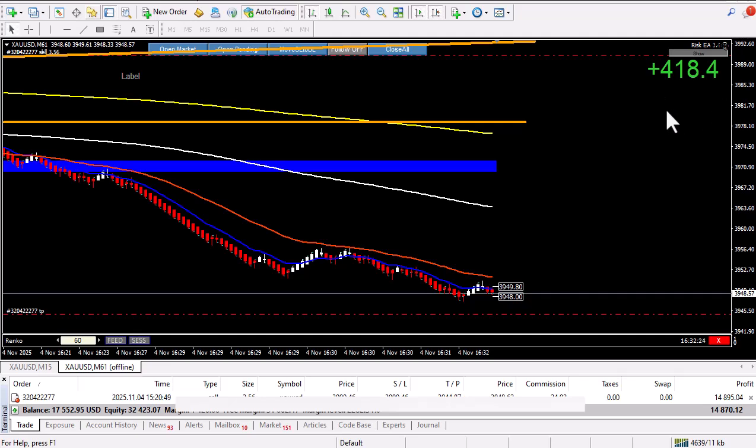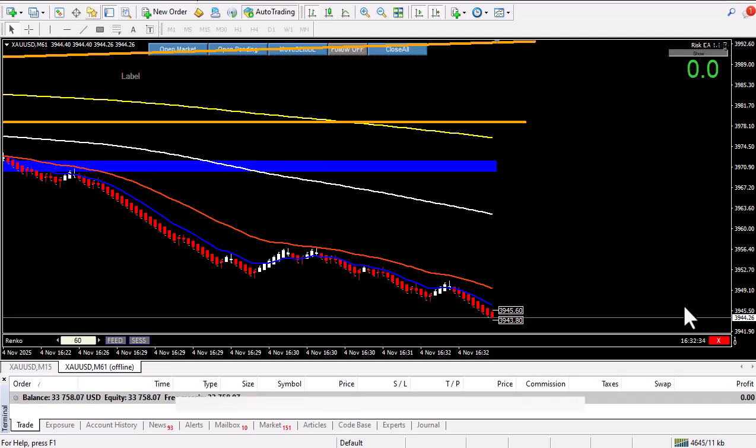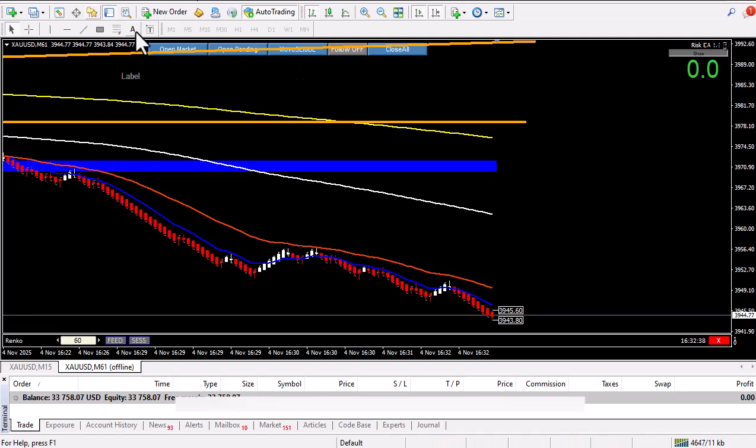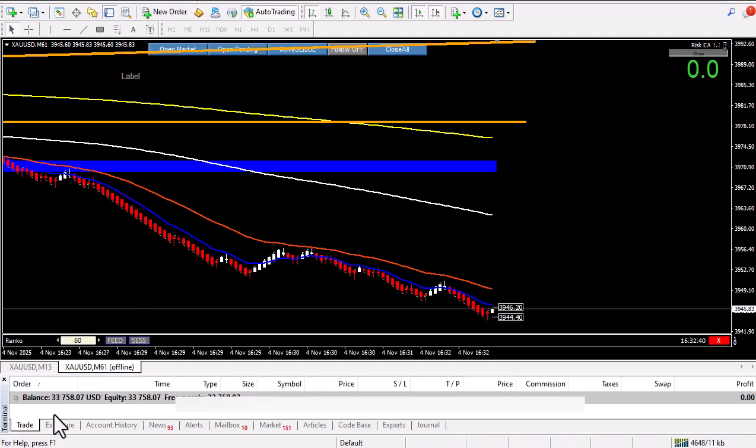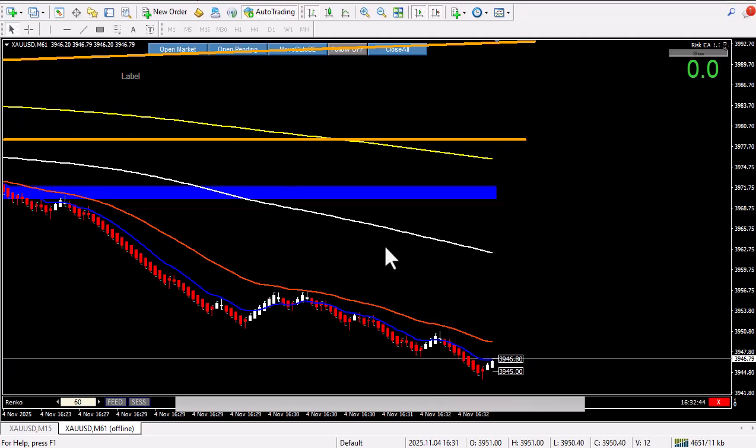Now 415 pips. Almost 27 times in profit reached. This is how I take 1 ratio to 30, 3% risk, and just made almost 90 times of the profit.